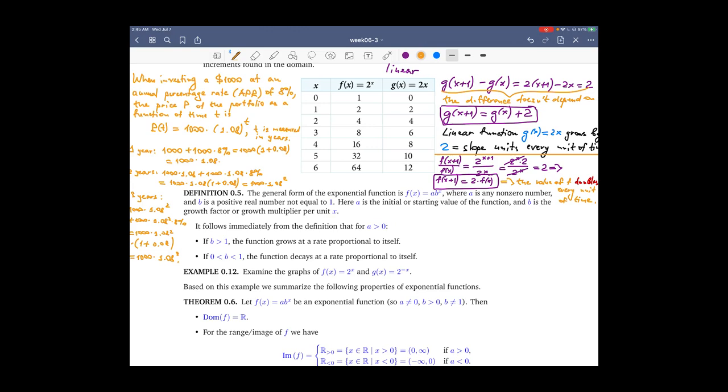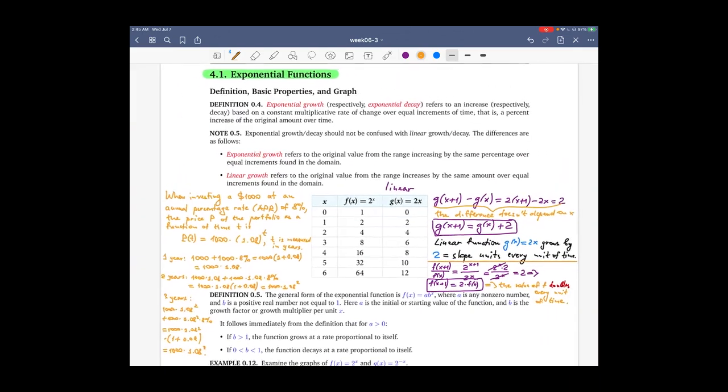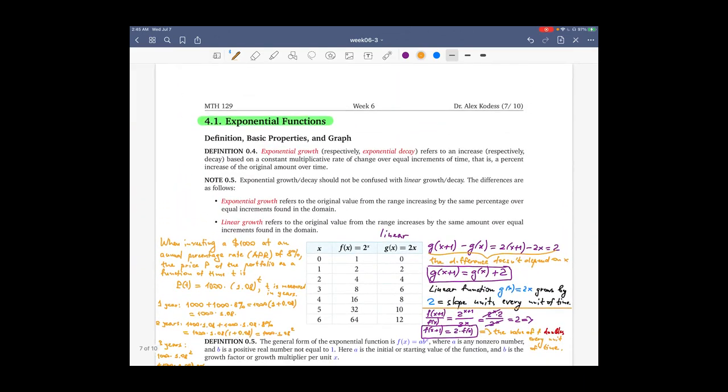And indeed, this is an exponential function, because if I were to compute the ratio of the values of P at time t plus 1 and at time t, I would have 1,000 times 1.08 to the power t plus 1 over 1,000 times 1.08 to the power t, and of course 1,000 and 1,000 cancel out.